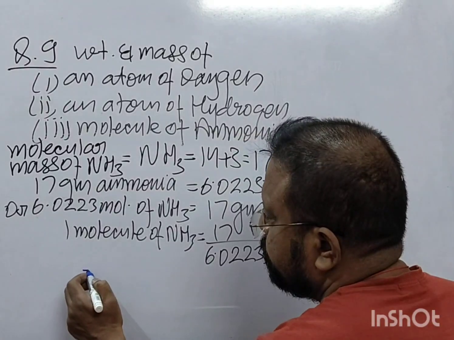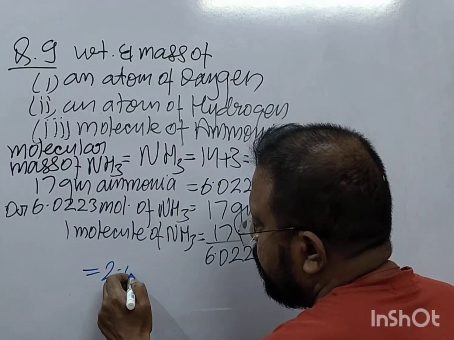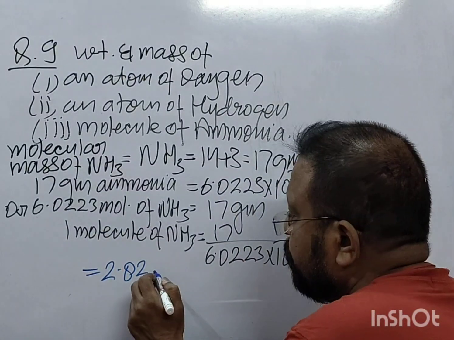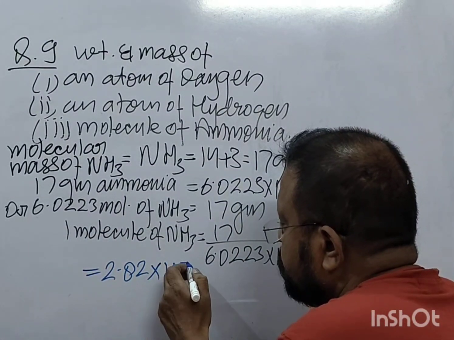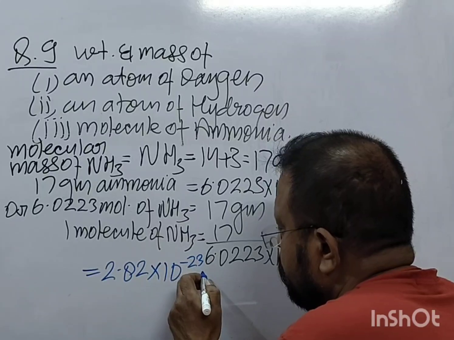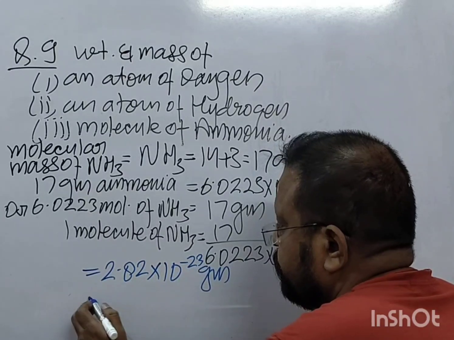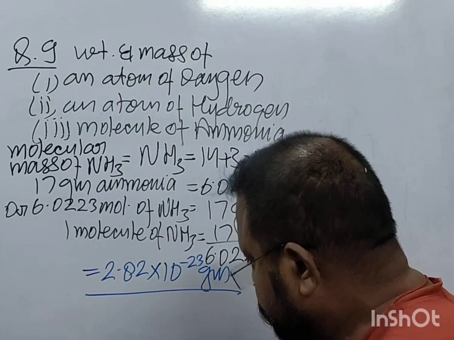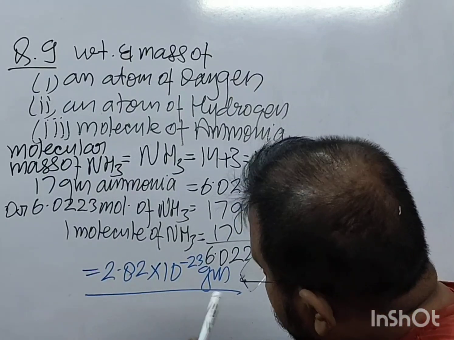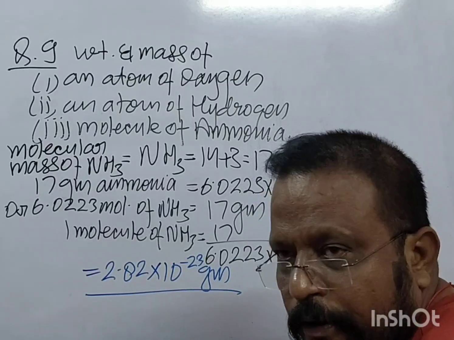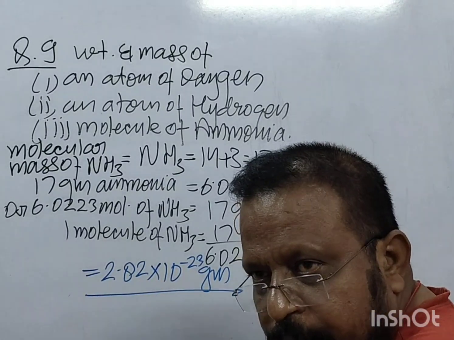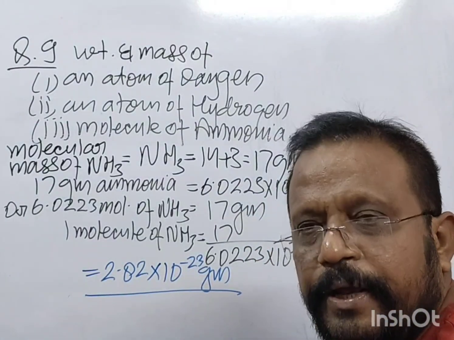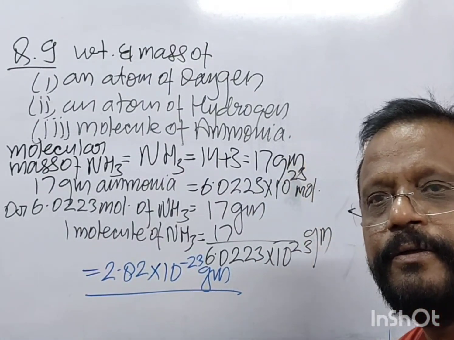So it is 2.82 into 10 raised to the power minus 23 gram. Right? Mass of one molecule of ammonia is 2.82 into 10 to the power minus 23 gram. You get this? Okay. What else do you want?